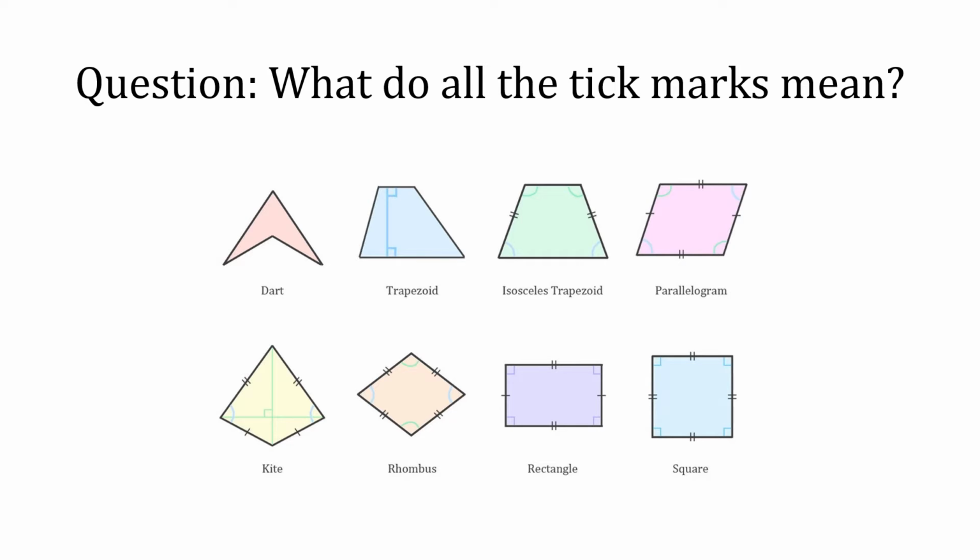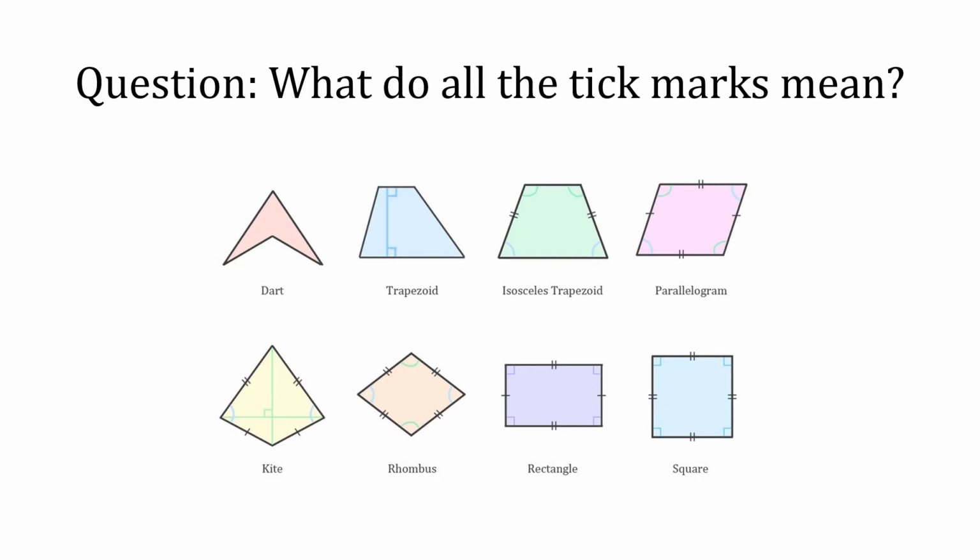Now you may have seen in previous math classes, or in pictures online, if you've ever seen any memes of geometry, and if this is your first exposure to these kinds of diagrams, a very natural first question, a very basic question, is: what do all the tick marks mean?